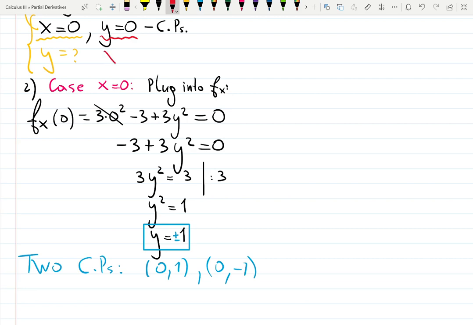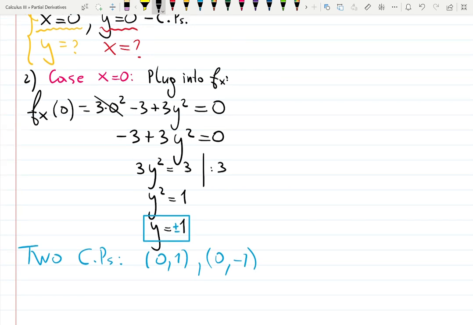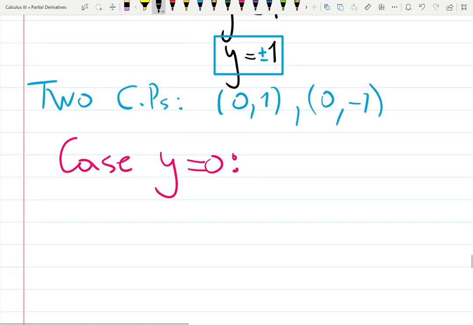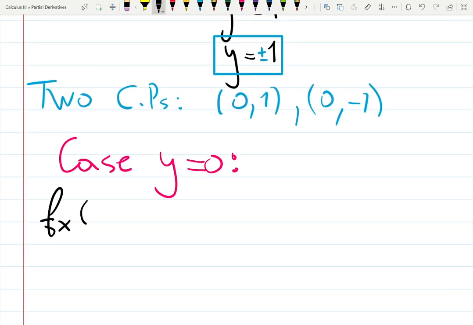Y equals 0, then what is the corresponding x for that? And you repeat the whole process. It's still step 2, but it's now the case that y is 0. Let's see if that gives us different solutions. You plug into the partial derivative for x, because we found it from the partial derivative of y, so we don't use it anymore.